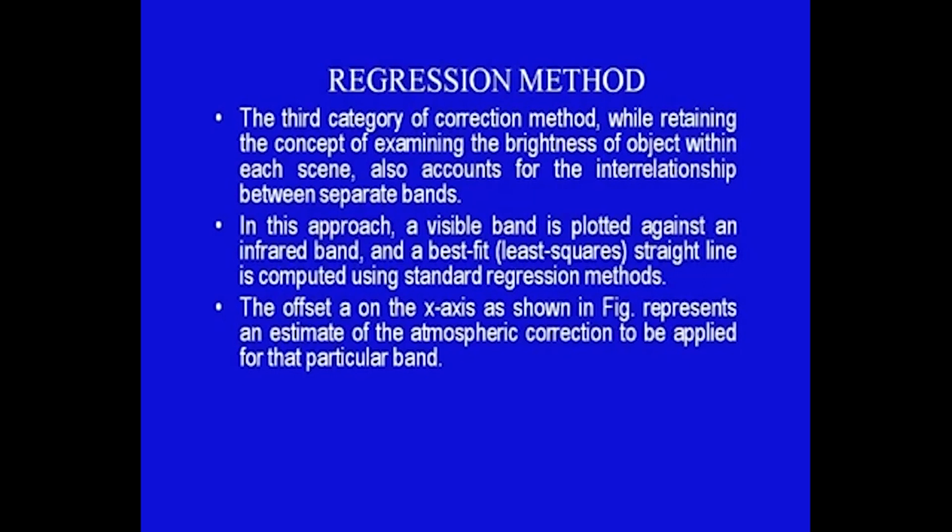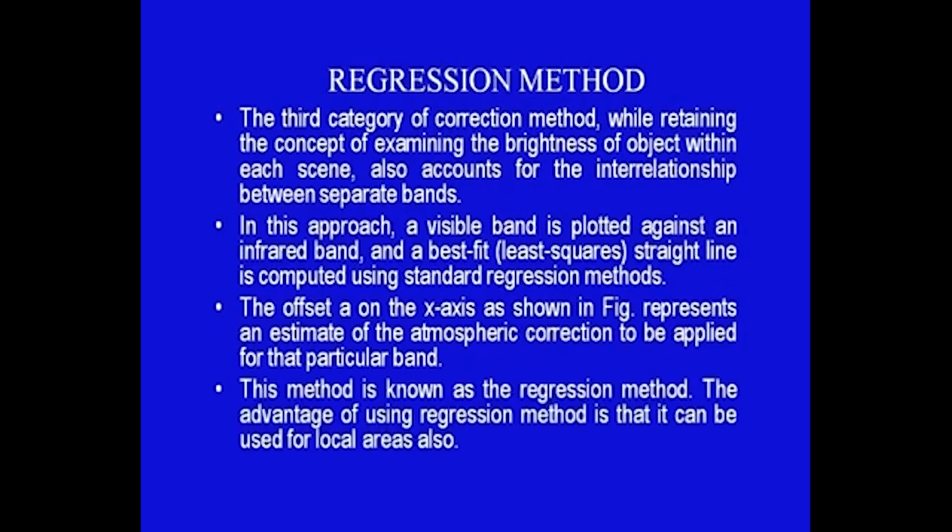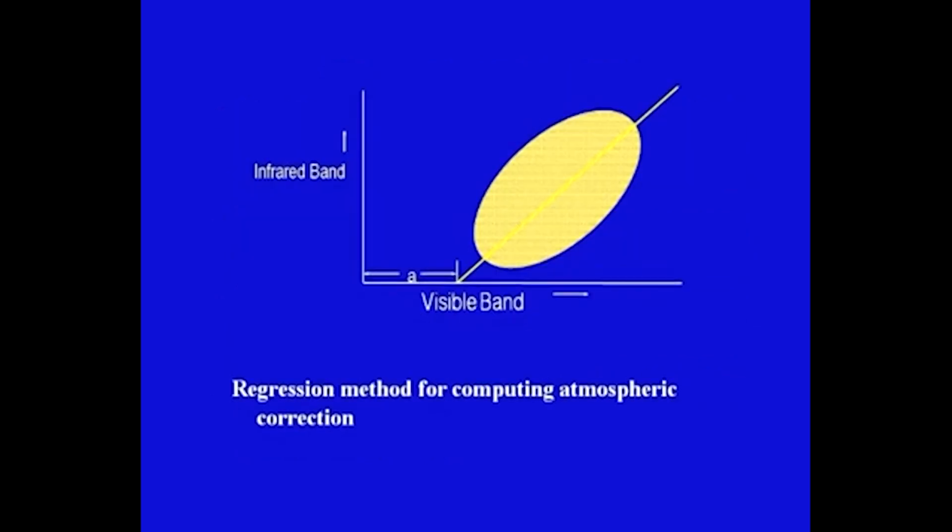The offset A on the x axis, as shown in the figure, represents an estimate of the atmospheric correction to be applied for that particular band. The advantage of using regression method is that it can be used for local areas also. This particular slide shows the physical and the logical concept behind the regression method.